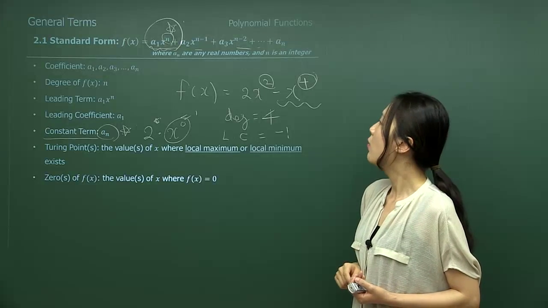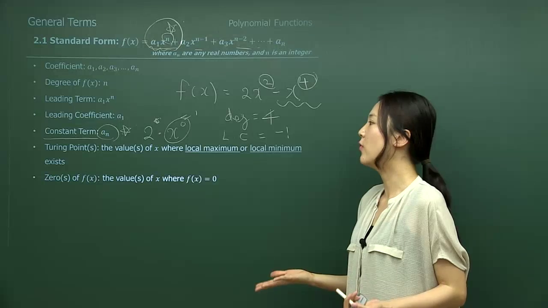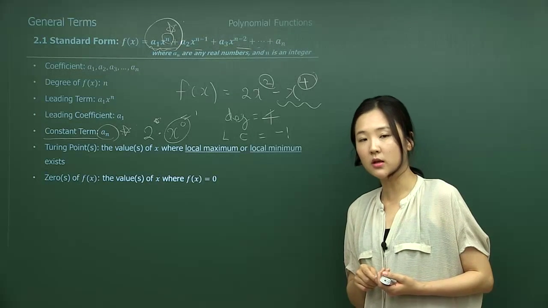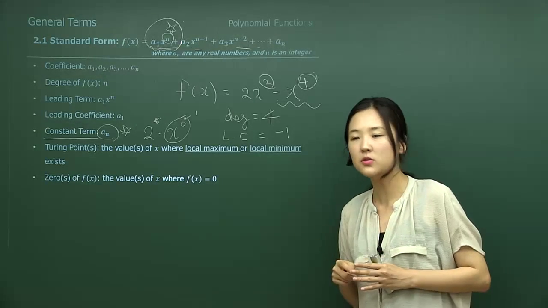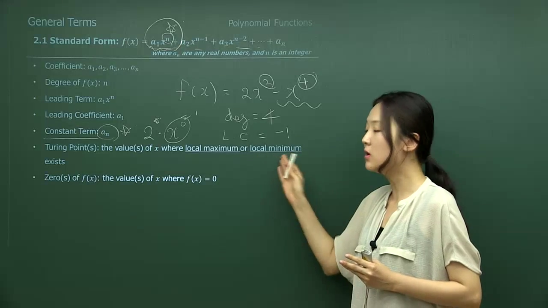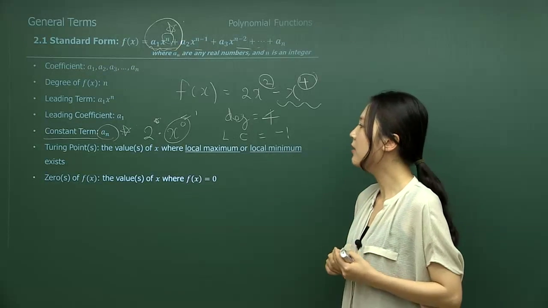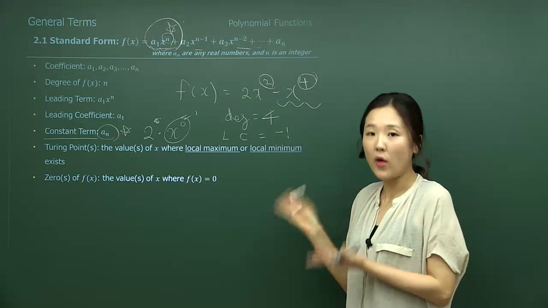Okay, now when it comes to polynomial functions, we can look for many details of the function. We can look for the zeros, we can look for the y-intercept, or x-intercepts, which are the zeros, as well as the turning points. And we can also check what the special values are by using the equation.